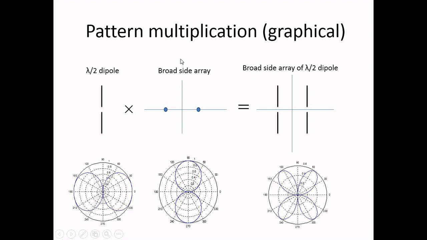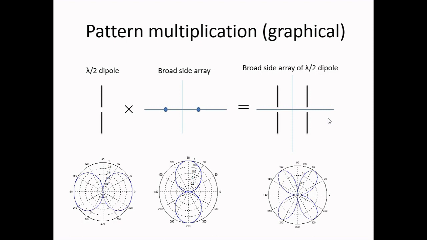The same thing can be done with an end-fire array also, or we can use any practical antenna. So rather than calculating the radiation pattern of a complex antenna after making its array, the principle says that we should know the basics of broadside array and end-fire array and use them to find out the radiation pattern of an array of real antennas.